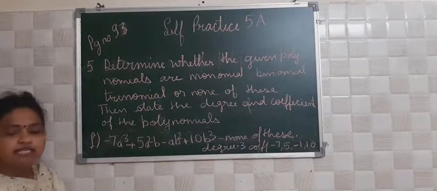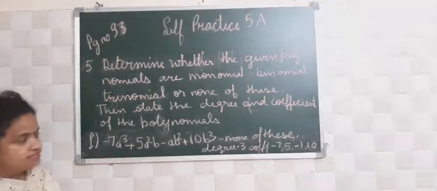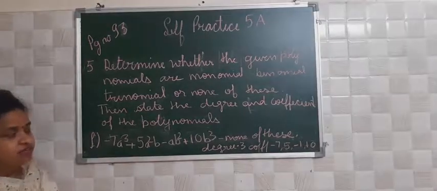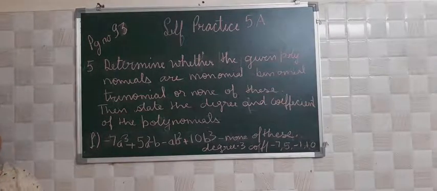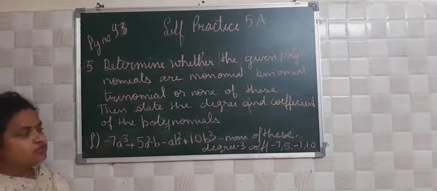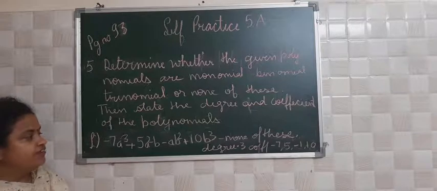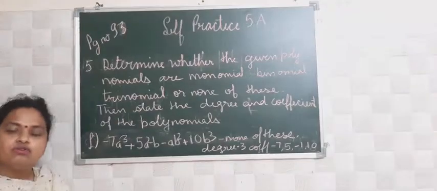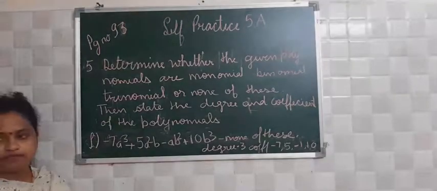So it comes under the category none of these. Next is degree. Degree is 3 because the maximum power of variable is 3. Now what are its coefficients? Minus 7, 5, minus 1 and 10. These are the coefficients of this equation.